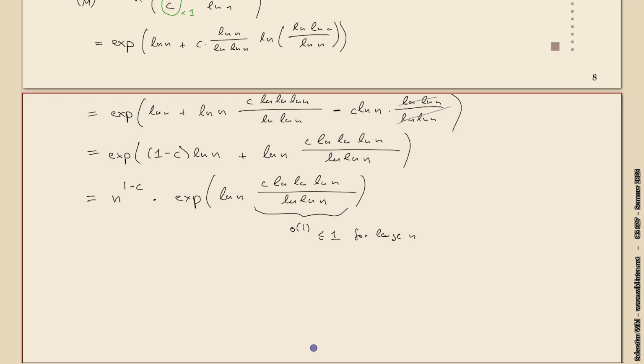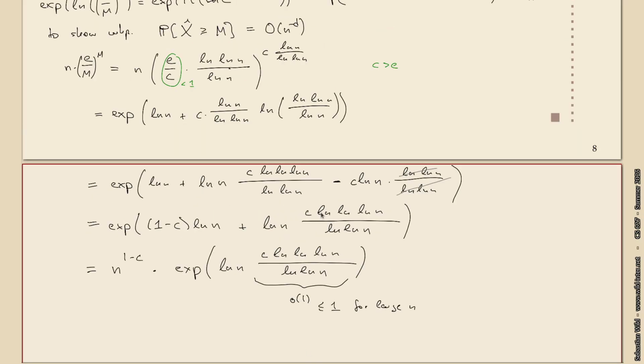I lost some term somewhere. If this was all there was, it would still be n to the power of this thing. That wouldn't completely go away. Okay, we'll borrow one more minus log n.